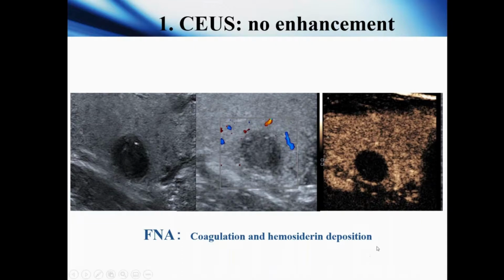The FNA result showed that the lesion is nodular goiter with hemorrhage. This case indicates that contrast enhanced ultrasound can reduce unnecessary biopsy.